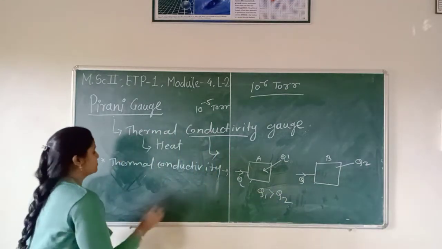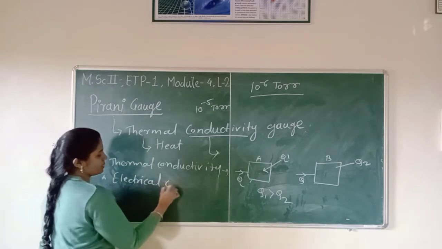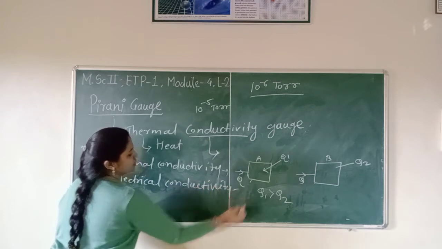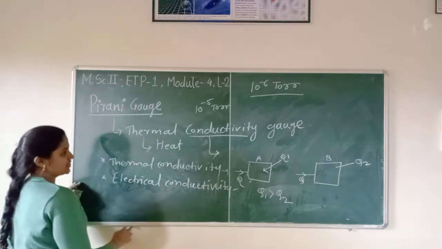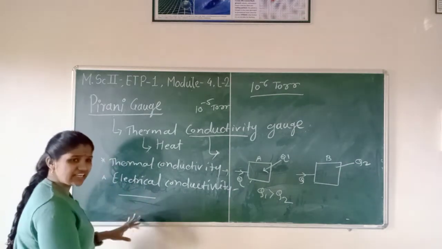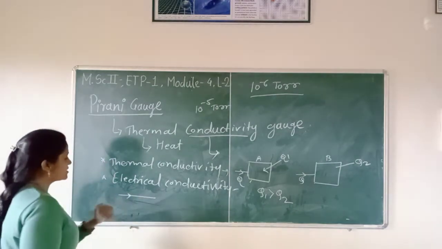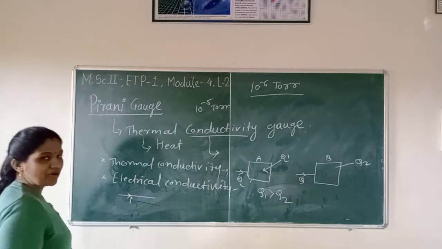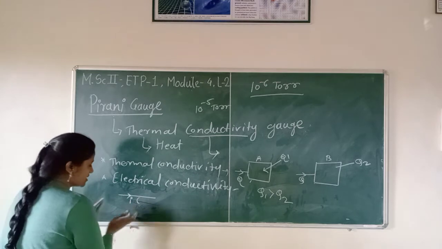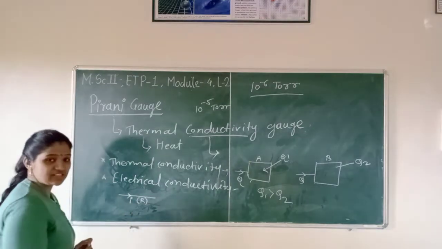Now see, similarly for electrical conductivity also, consider this is a wire, or any conductor, and we are passing I amount of current through this conductor. Obviously, if current I is passing through that conductor, there is always some resistance also.